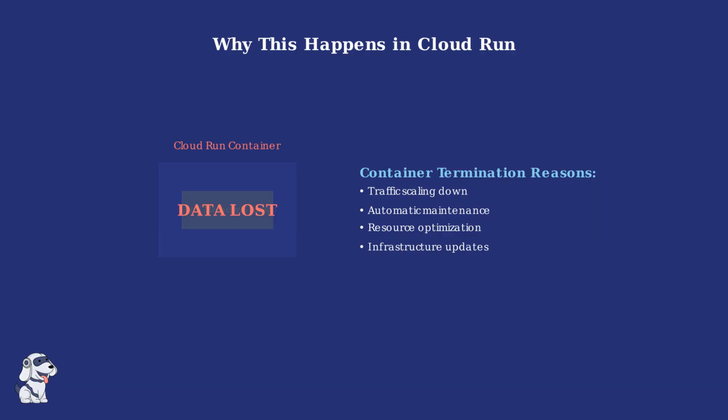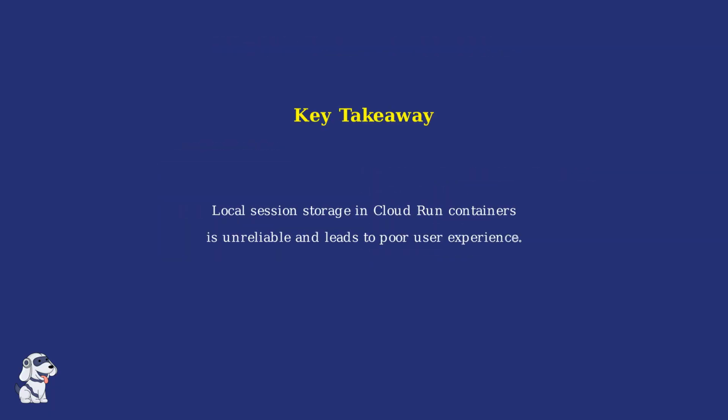The data simply vanishes along with the container. The key takeaway is that storing session data locally in Cloud Run containers is fundamentally unreliable. It creates a poor user experience where people lose their progress, shopping carts, login status, and other important session information whenever containers restart. This is why we need external session storage solutions.